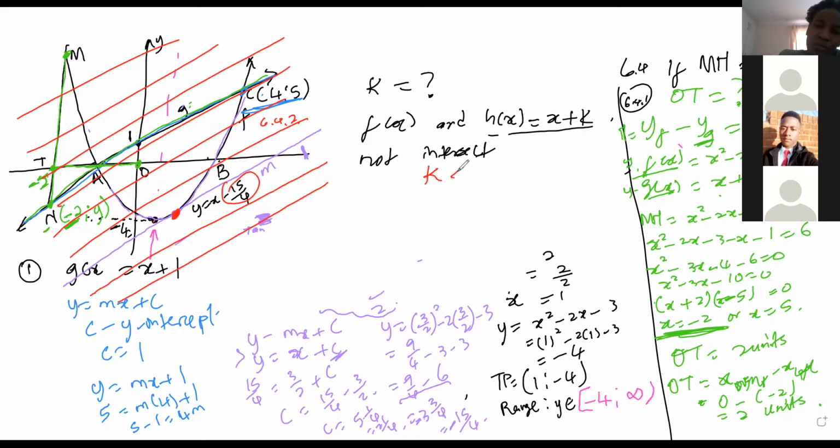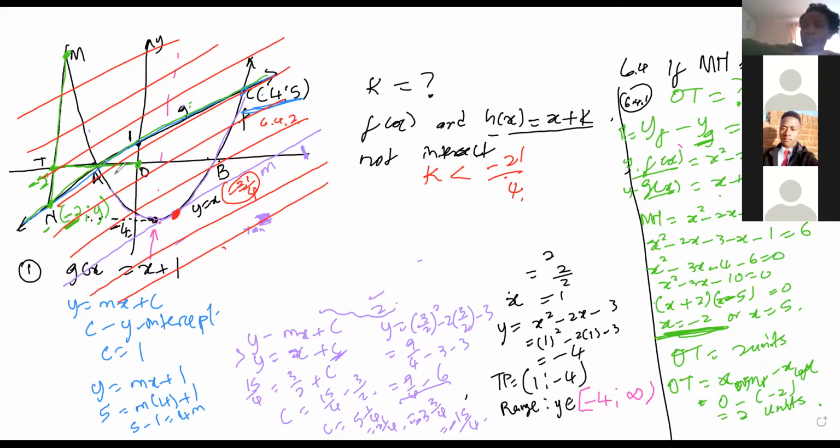So K must be less than negative 15 or negative, this is 21, not 15. This equation is negative 21 over 4. So your K must be anywhere less than this, because anywhere else, if you go above that gradient, that tangent line, that line will intersect the graph.